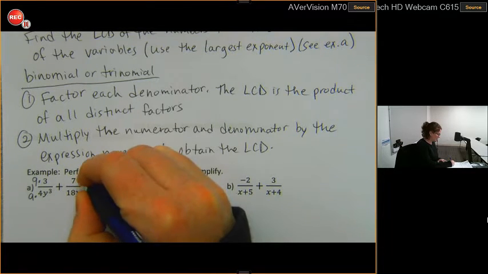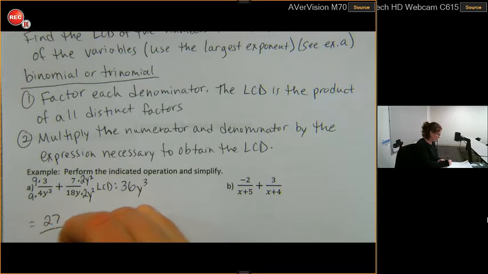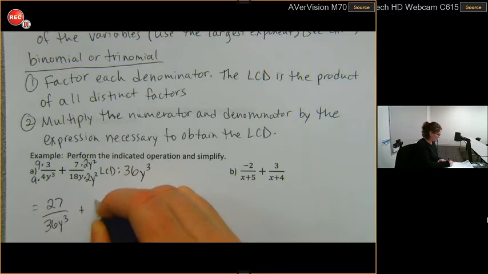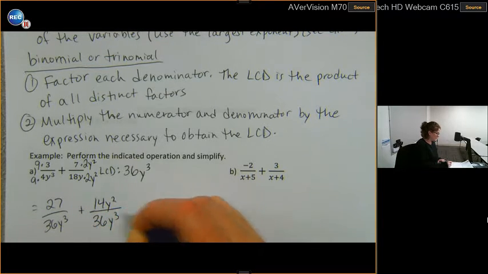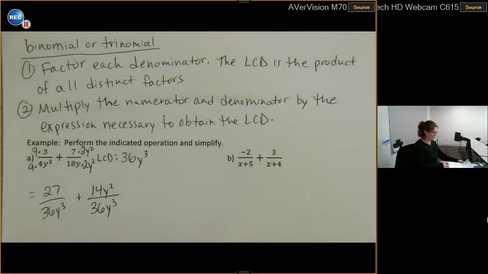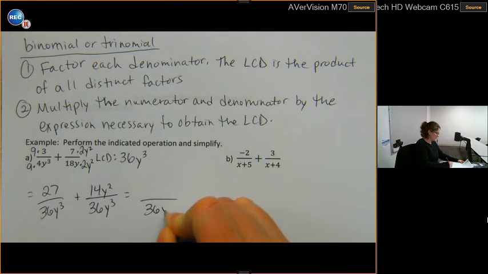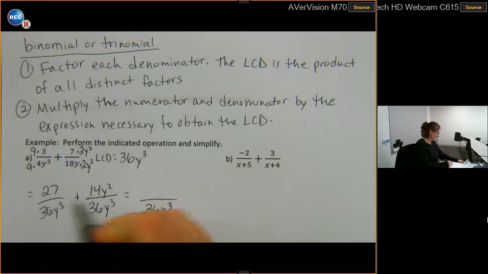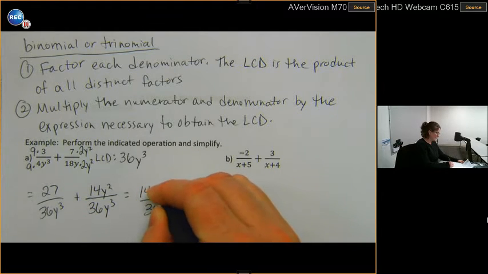So I'm going to multiply by 2y squared. So now I have 27 over 36y to the third plus 14y squared over 36y to the third. My common denominator is 36y to the third. My numerator, if you want to do standard form, you would flip the order around.